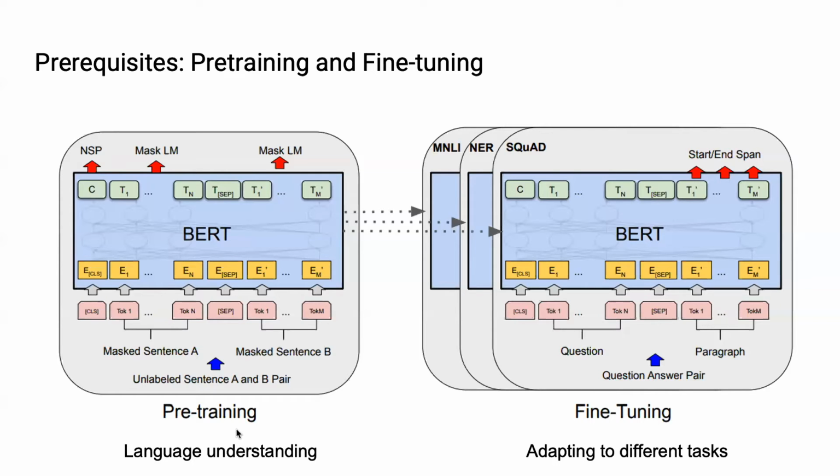First pre-train the model, or right now you can directly take a pre-trained model, and then you further fine-tune it. Fine-tune means you provide your input and output, and then update the model weights so that it can give good predictions for the specific task.